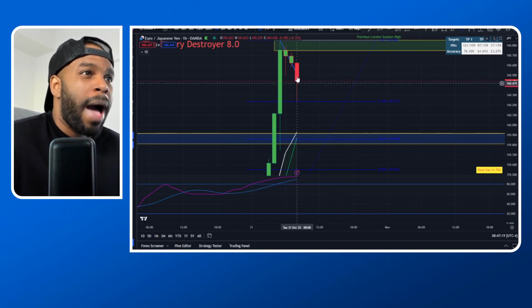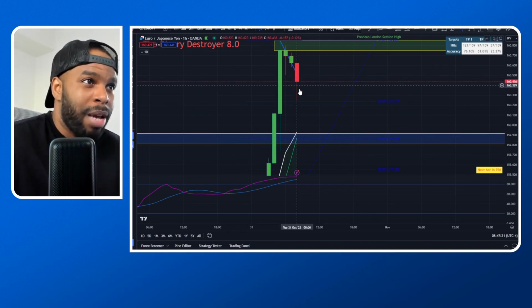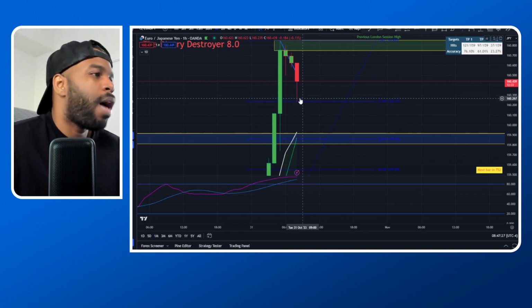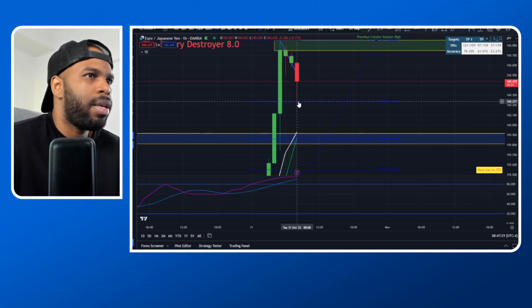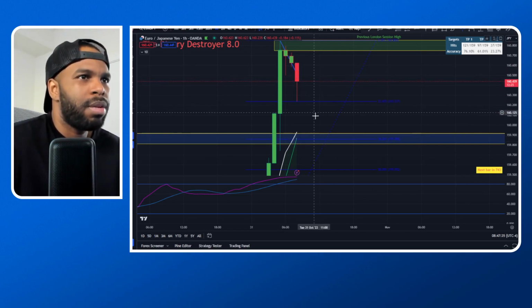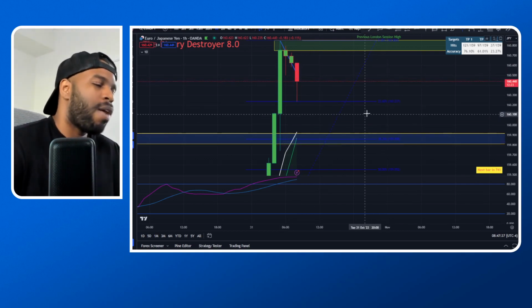And you see how perfectly it tapped. It came down and tapped this 23.6, literally. Okay, so I could have got in for a buy right here. Now price may still come back down. It might be doing a fake out. Price could come back down to the 38 like I wanted to.